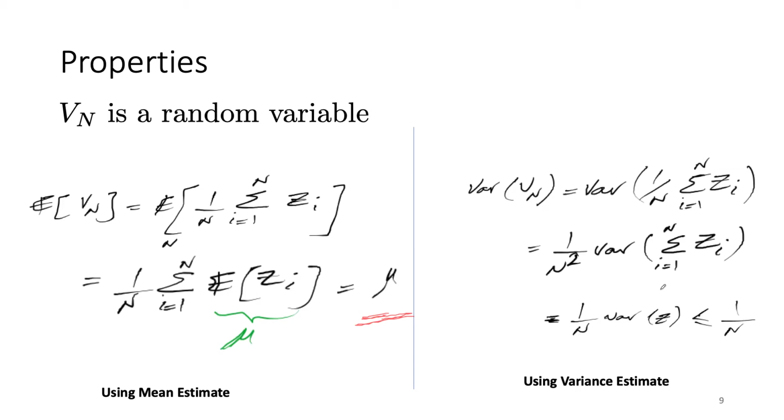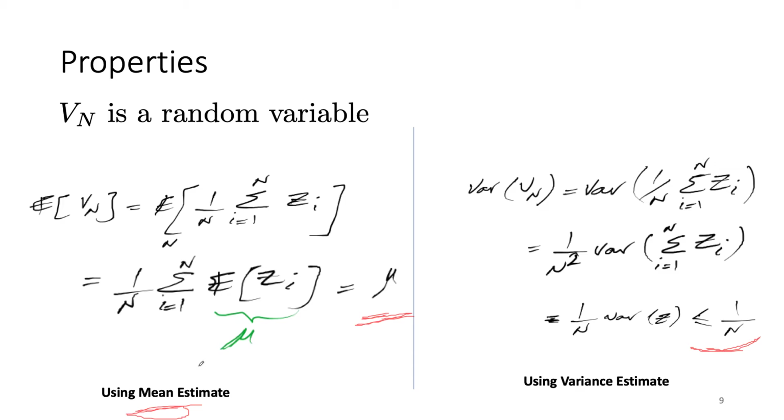And this number is always smaller than or equal to 1 over n. But for the sake of completeness in this course, we're just focusing on mean estimate, okay? But there is another way to do that. I just wanted to bring this up so you know, okay? So we hope that this expected value of Zi is going to be pretty close to that mu, okay?